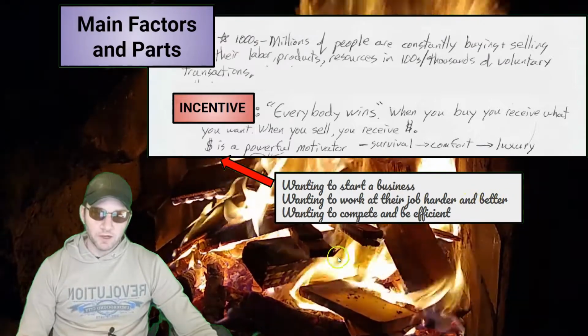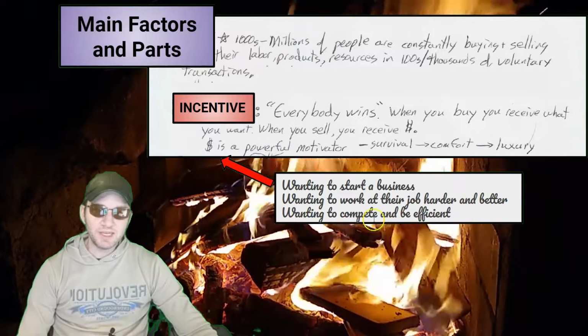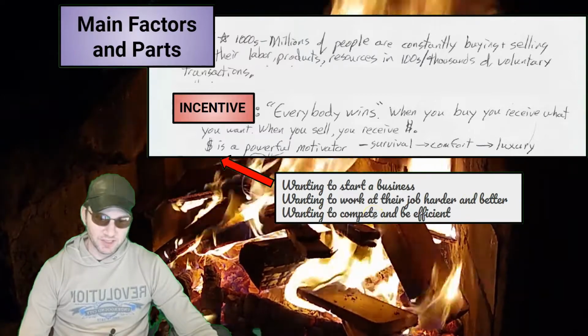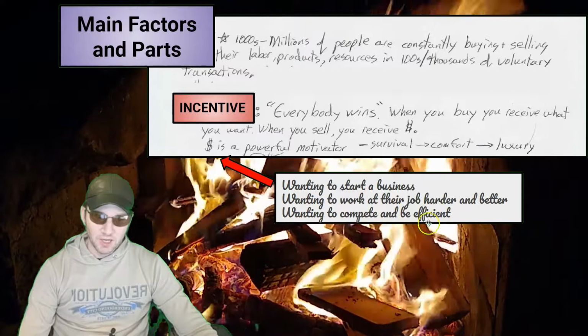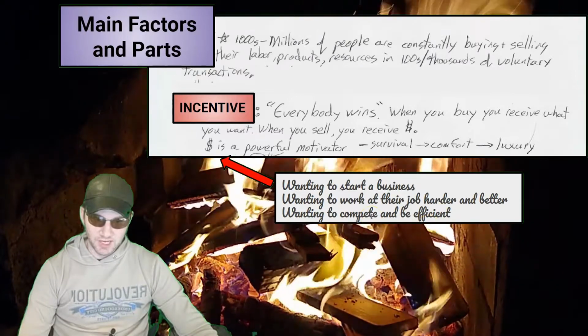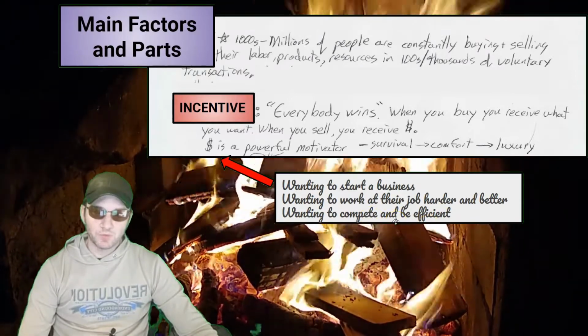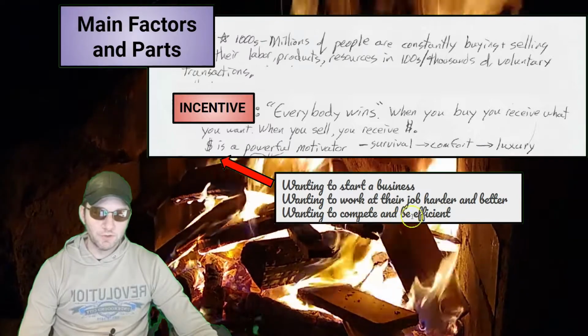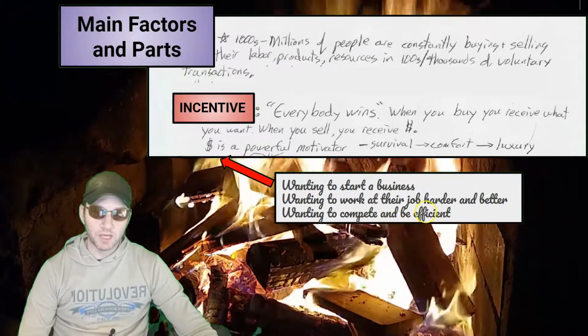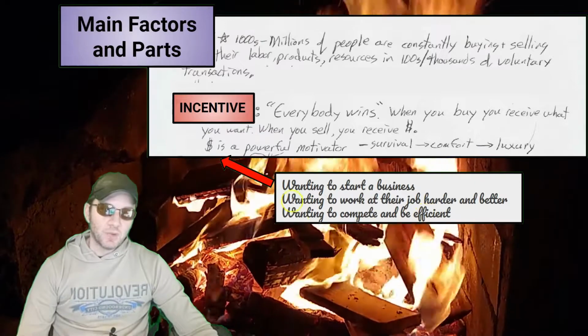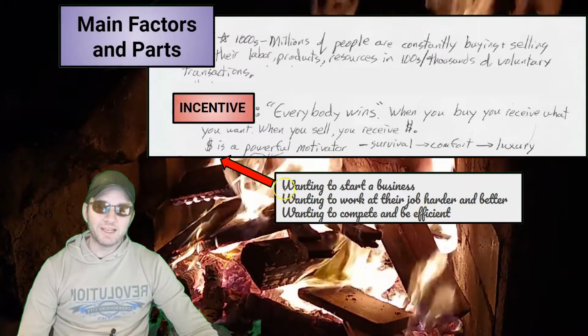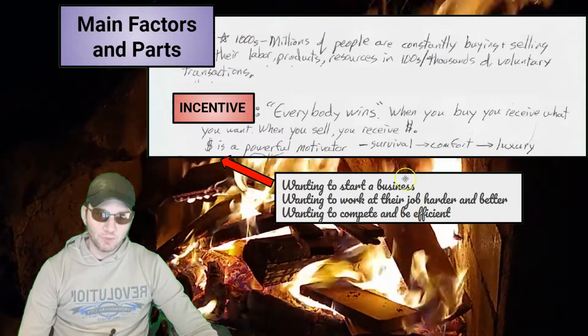Money is a motivator for businesses to want to compete to get the other business's business and be more efficient. So businesses compete with each other to get the sale, and businesses will research new ways of doing things to be more efficient so they'll make more money. And money is a great motivator for people to invent things and start a business.